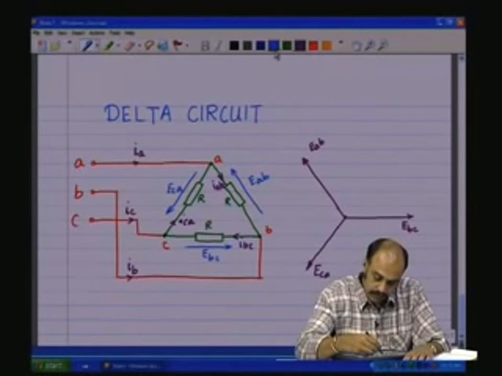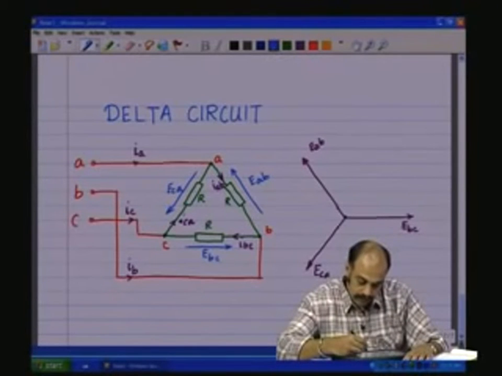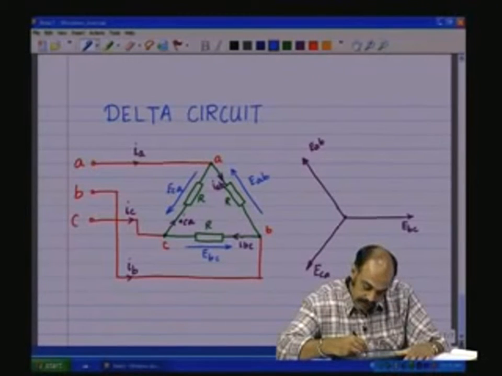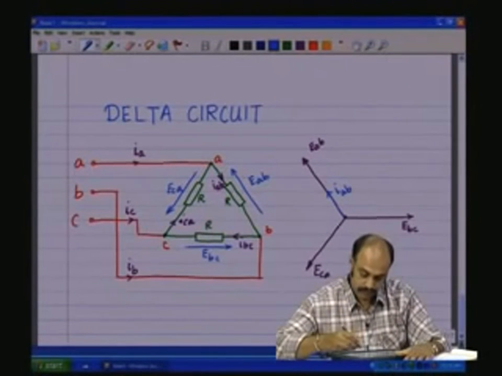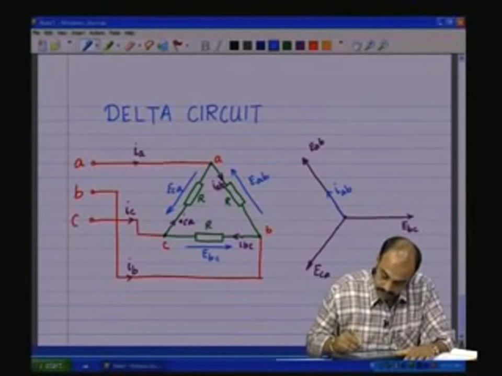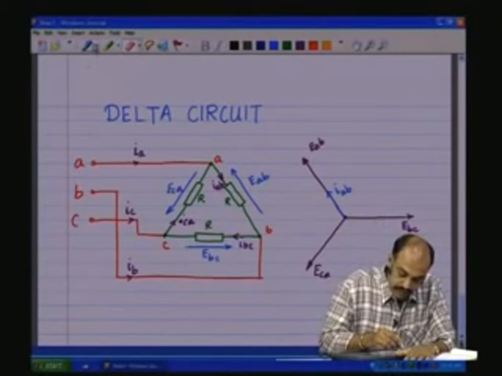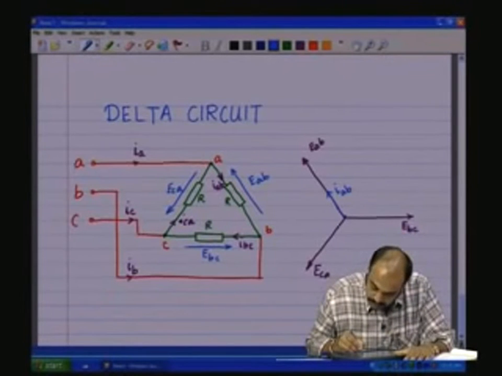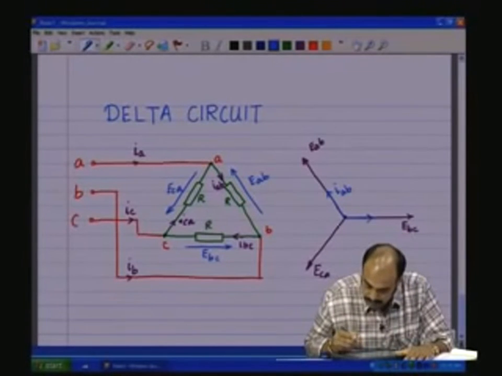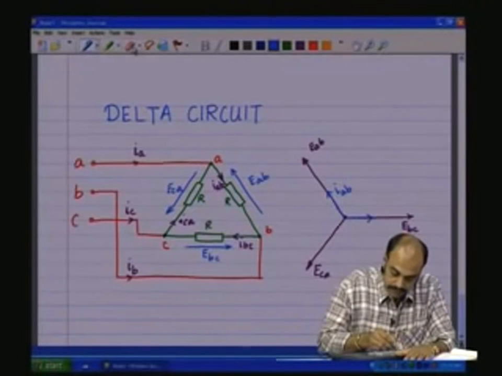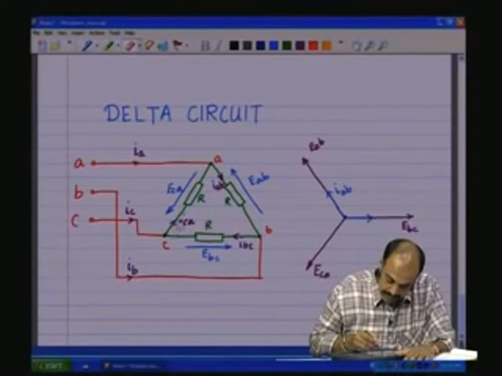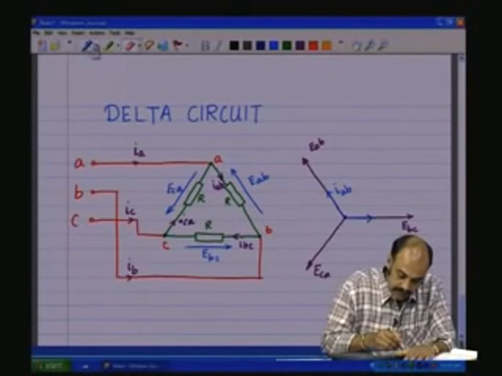So, therefore, the phase current IAB will be along EAB, IBC will be along EBC, same amplitude because the load is the same, and then ICA, which is flowing in this direction here, will be along ECA.